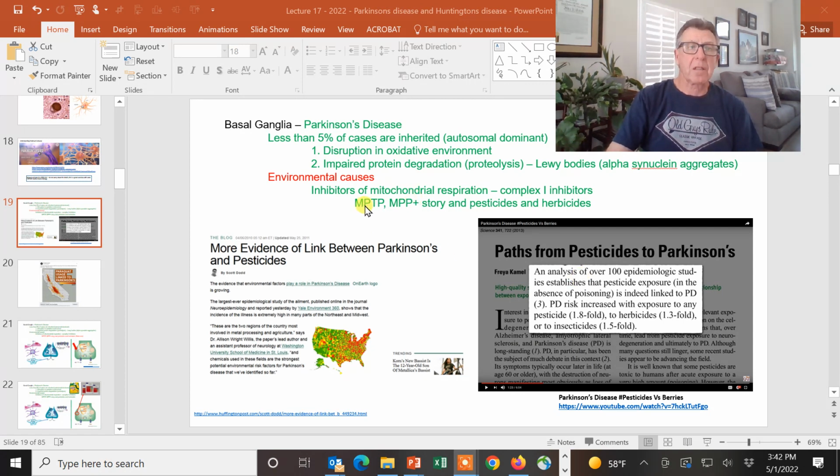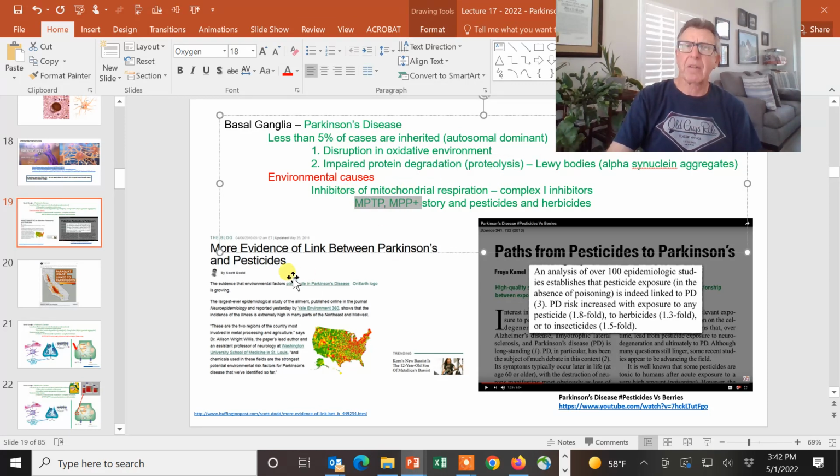We also talked about the unique story of the contaminated fentanyl that was synthesized up in the Bay Area about 30 years ago, but it really kind of broke open the whole field of what's causing Parkinson's disease. That was because the original compound MPTP is taken up by glial cells and converted into MPP+.